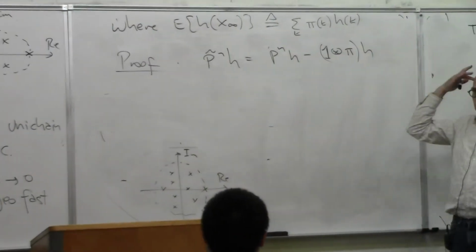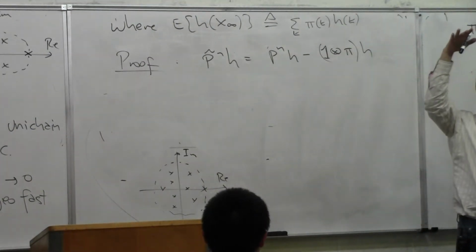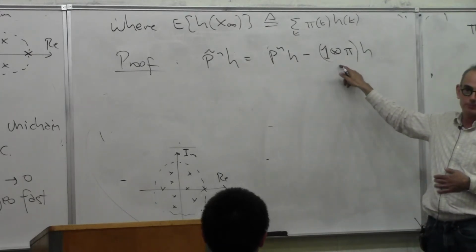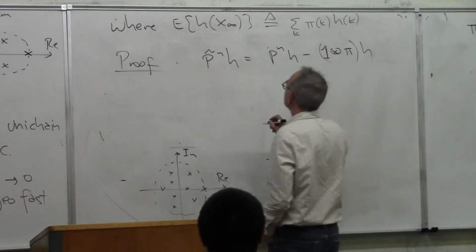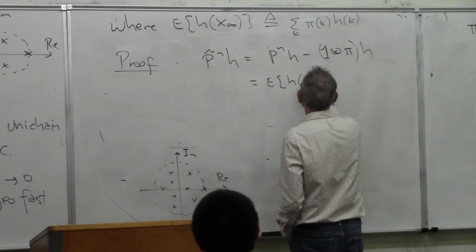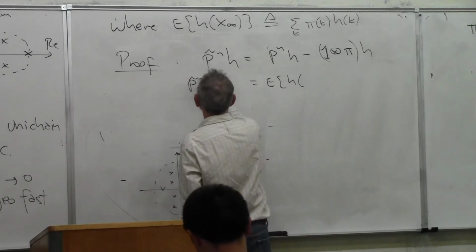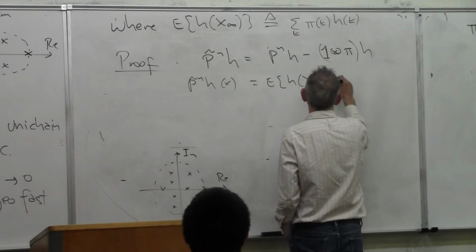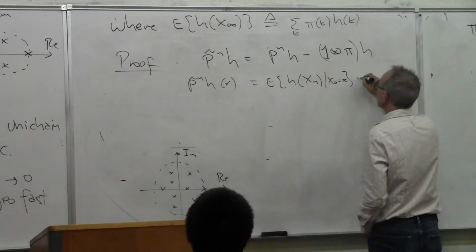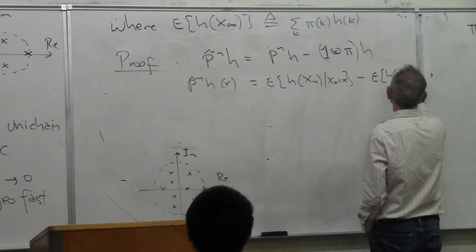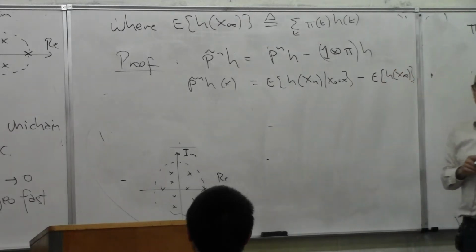And H, we're visualizing it now as a column vector. And so that's pi H, it's just a dot product times 1. Cool. That's it. QED.